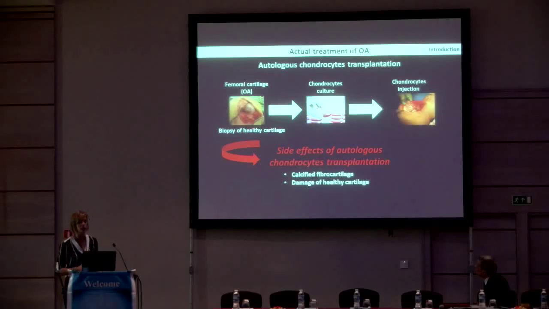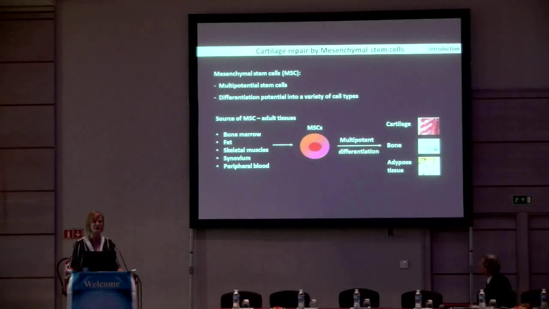As the treatments to date didn't give us desirable results, now scientists, including me, are searching for an alternative method for cartilage repair. And one of the most promising today is repair by mesenchymal stem cells. Mesenchymal stem cells are multipotent, and they can be differentiated into a variety of cell lineages.